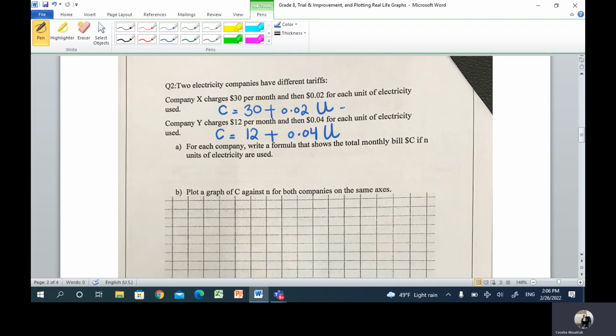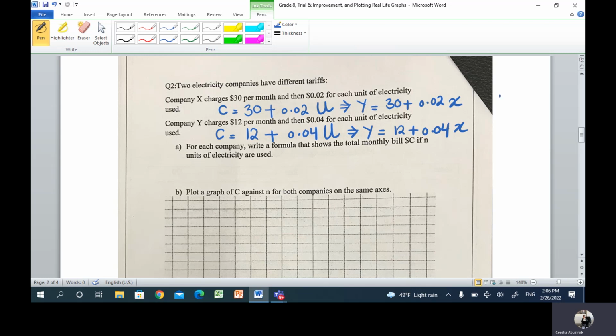If you're not used to the equation in terms of C and U, then you can replace the C with Y: Y equals 30 plus 0.02x. Same applies here: Y equals 12 plus 0.04 multiplied by each unit that you consume, which we're going to replace with X.